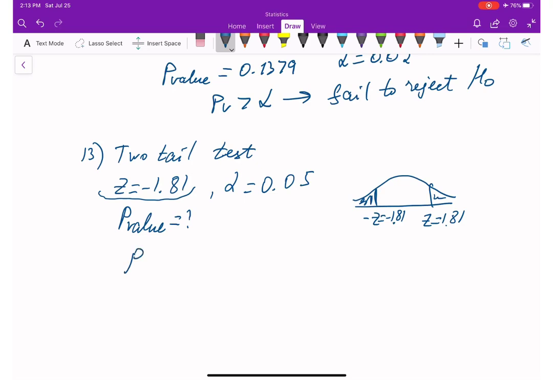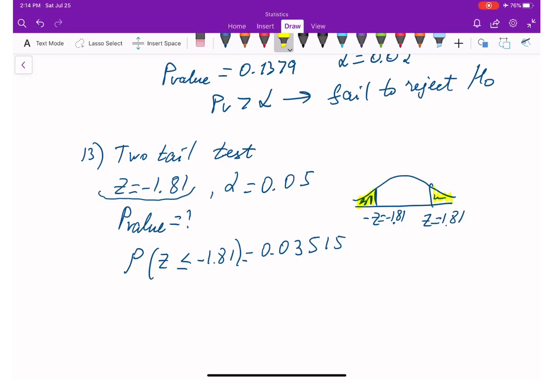So the probability for z less than or equal to negative 1.81 is equal to 0.03515. Okay. So because this is for one tail we got here, this tail, the same thing is gonna be our right tail also, right?